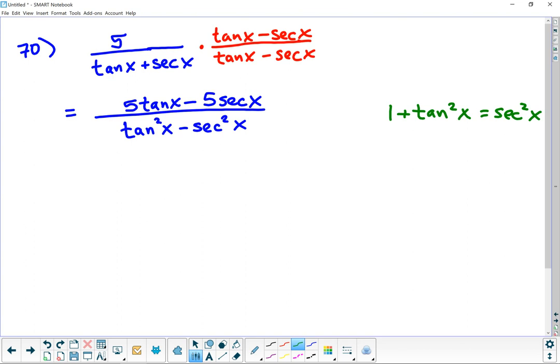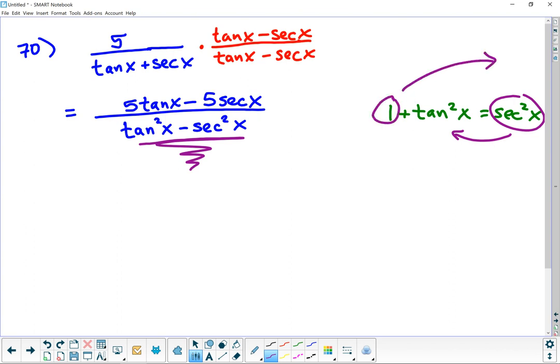Now, how do I make this look like this? How am I going to get this part from over here? To get it, I need to take this secant squared x and move it back this way, and then take this 1 and move it that way.